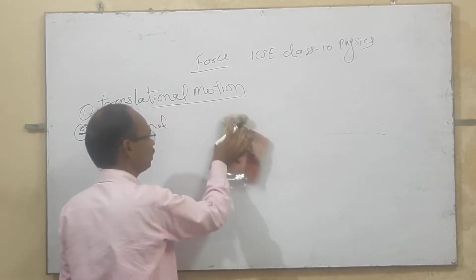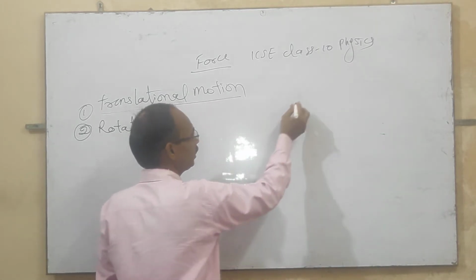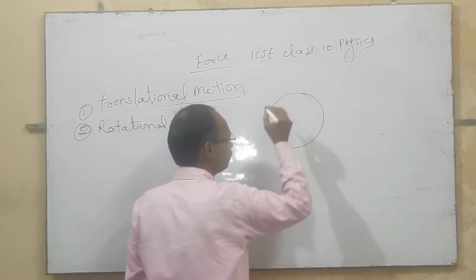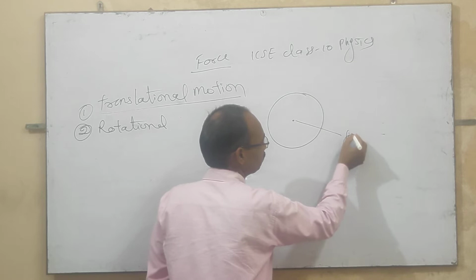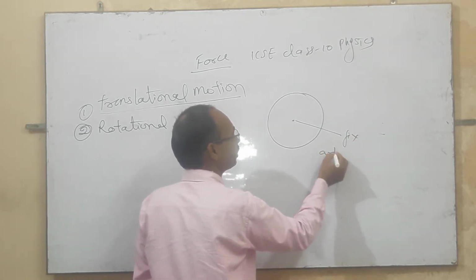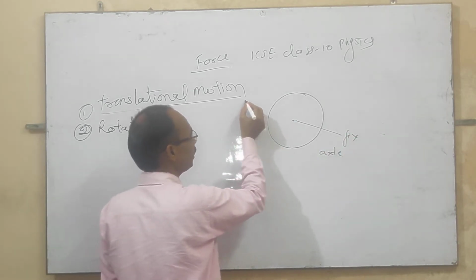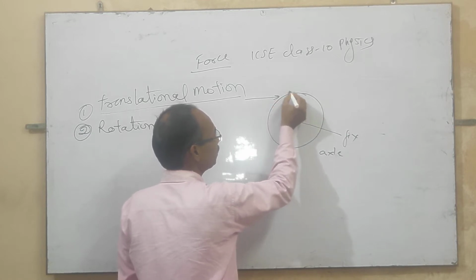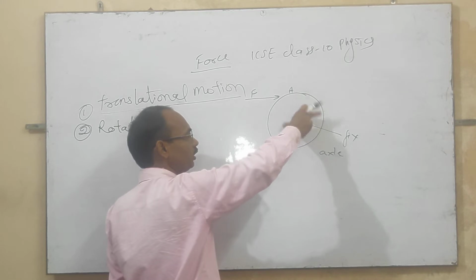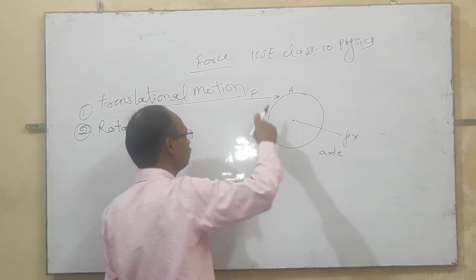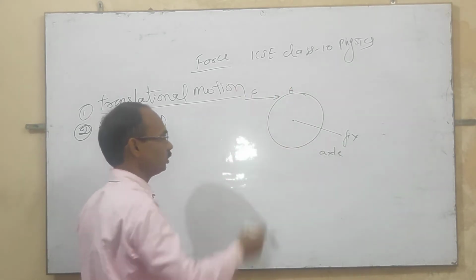Such that if this is the body and this is the fixed point, this fixed point is known as the axle, and if you apply a force at this point A, then the body rotates. It is known as rotational motion.